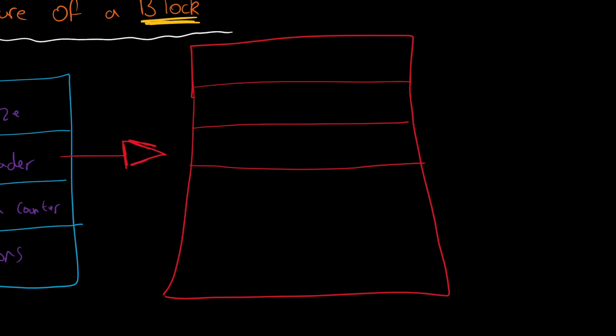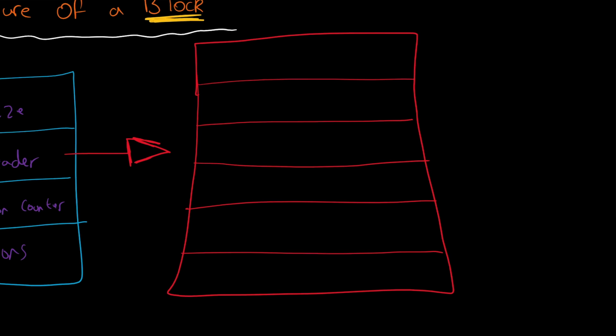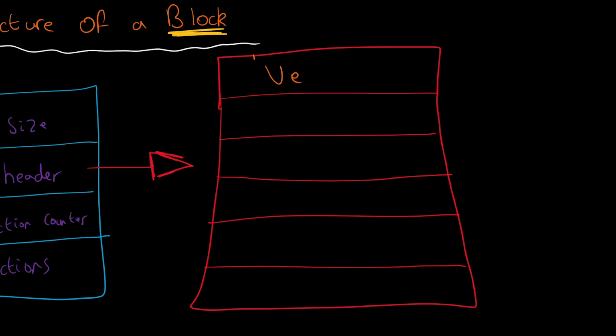We have 3 there, and we have 3 here. So the first field is the version, and the version is just essentially a number to track the software protocol upgrades.